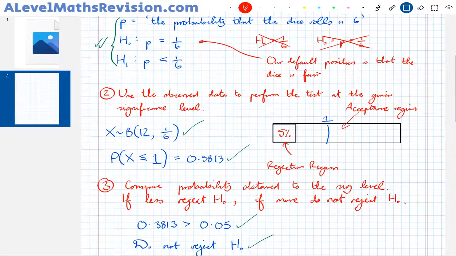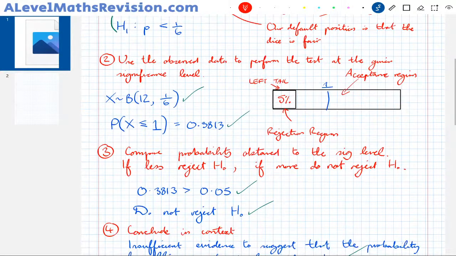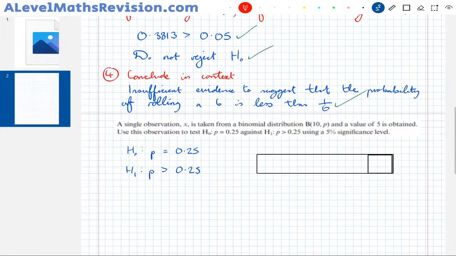And when we're testing for a decrease, and we can see we're testing for a decrease because it says there, less than, we call this the left-hand tail. This here is the left tail. We're testing for an increase this time. So the top 5%.